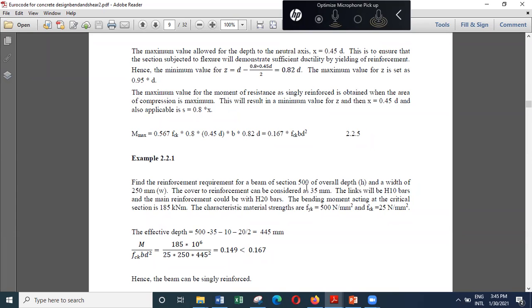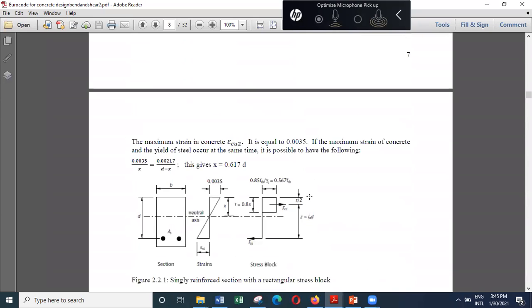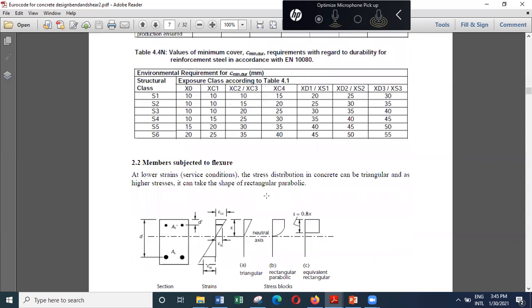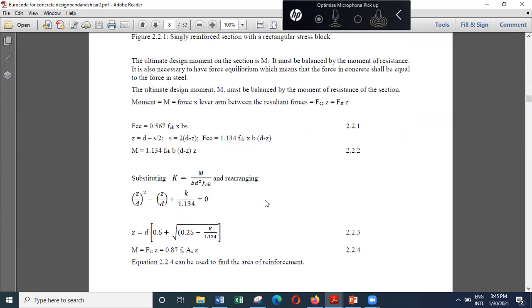So here I have considered 35 millimeter cover, considering that we are using 25 megapascal concrete, and we are having XC3 exposure condition, 50 years of design life.